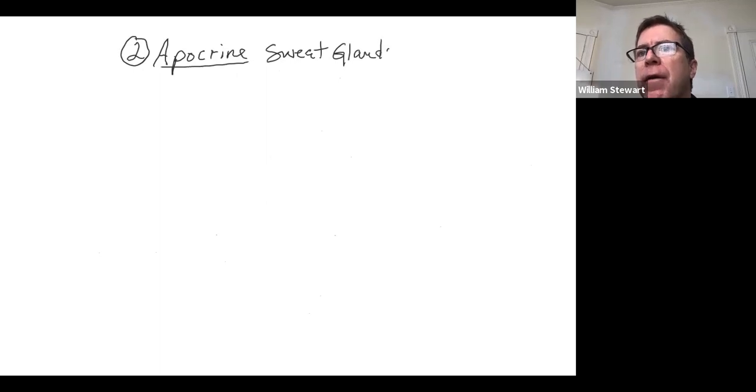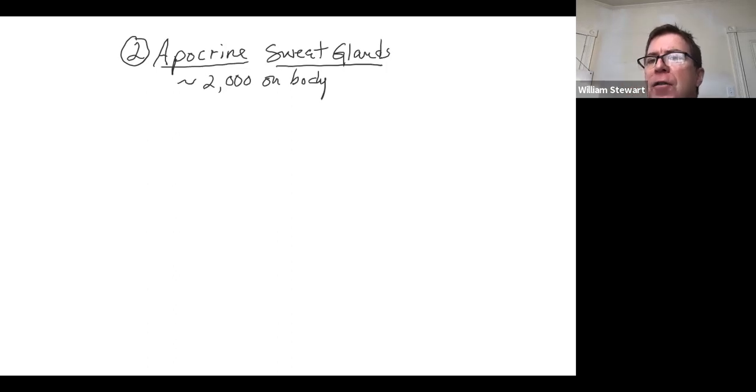Let's talk about some similarities and some differences. We have much fewer of these on the human body. I think it's roughly like 2,000. I'm just going to put on the body. These are found predominantly in the axillary region. It's from chapter 1.